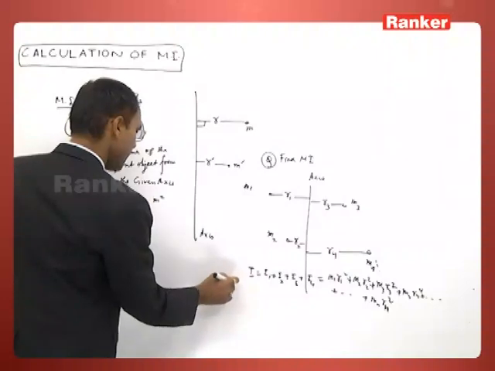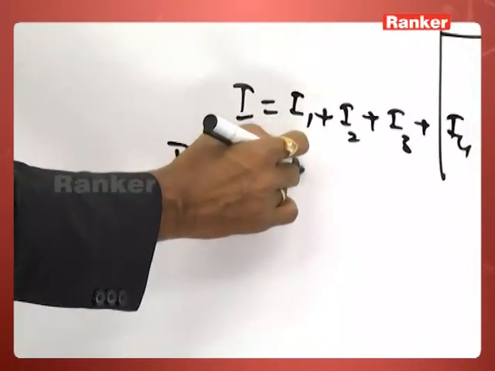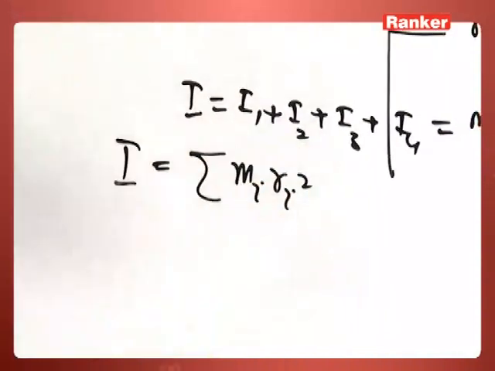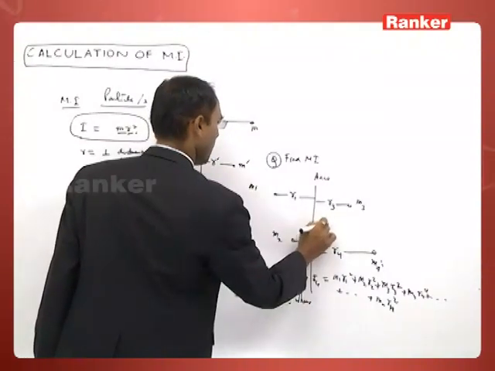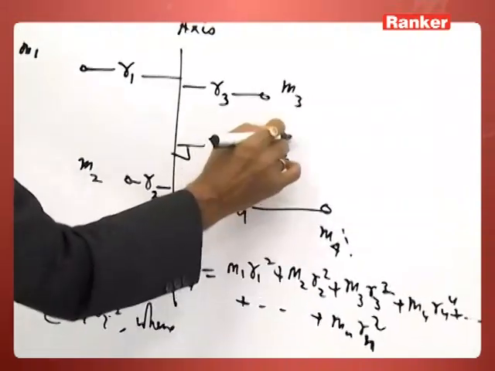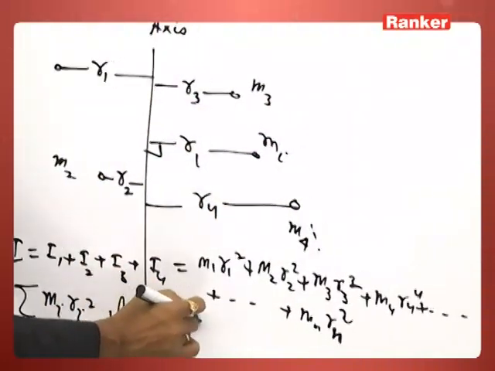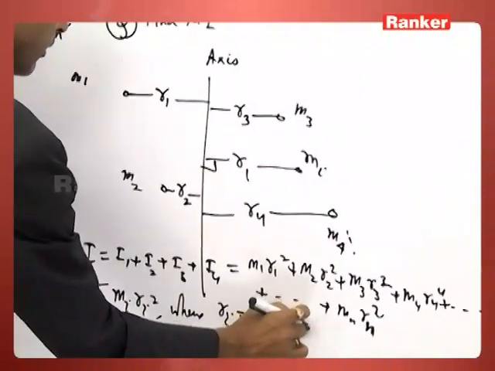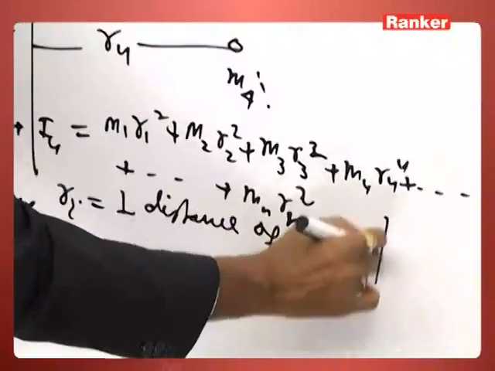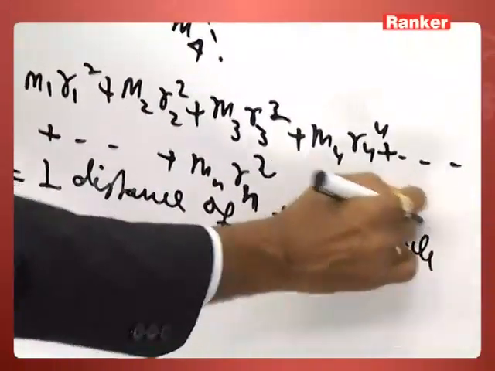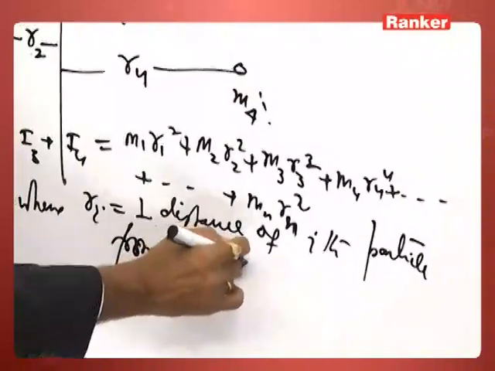Therefore, for a group of particles, the moment of inertia can be written as sigma mi ri square, where ri is the perpendicular distance of the ith particle from the given axis.